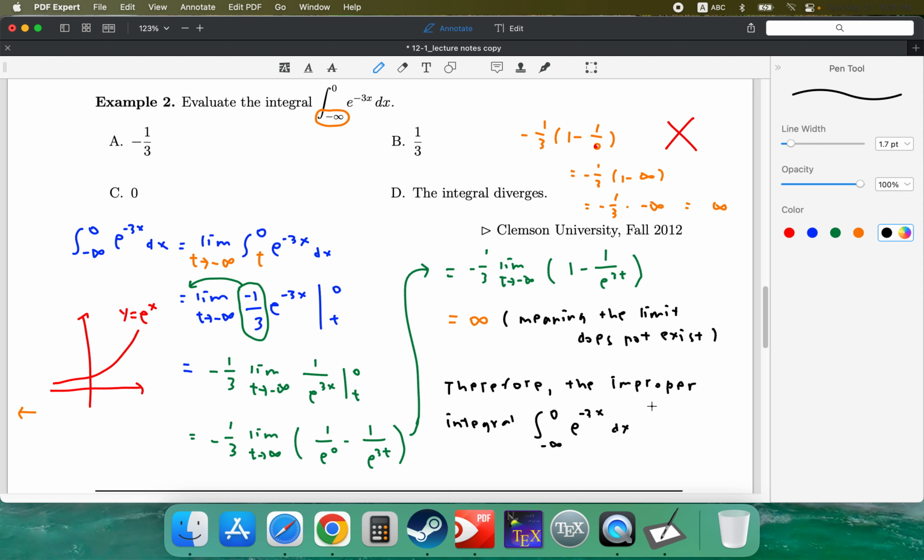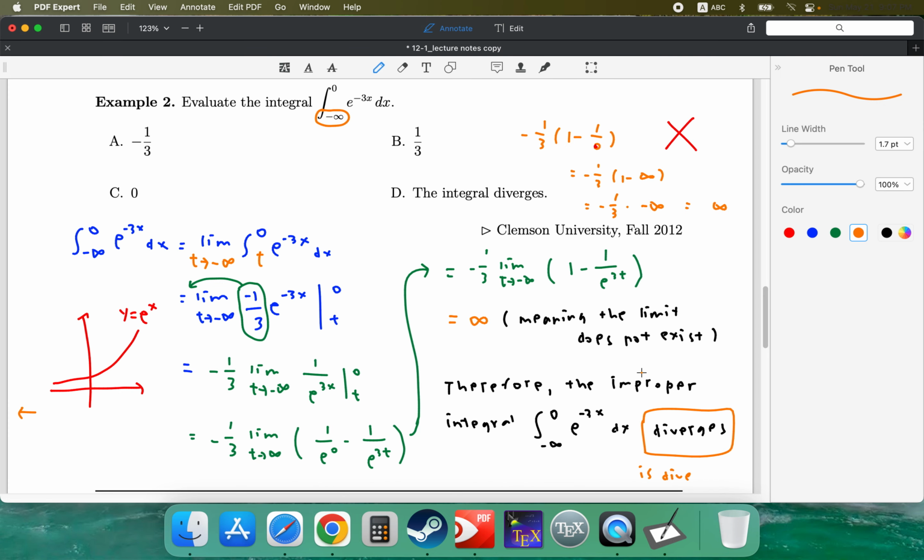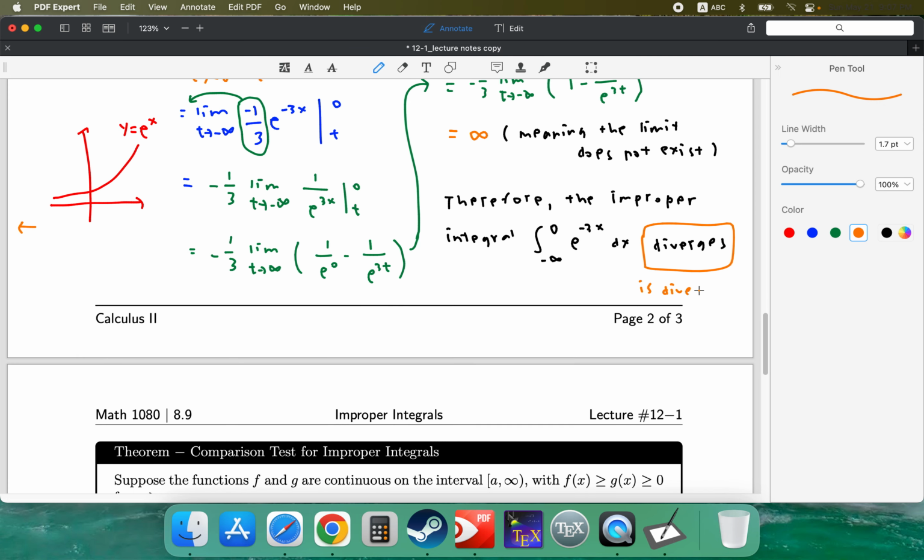If the limit does not exist, we say that the improper integral diverges. Of course, if you want, you can use the term divergent.